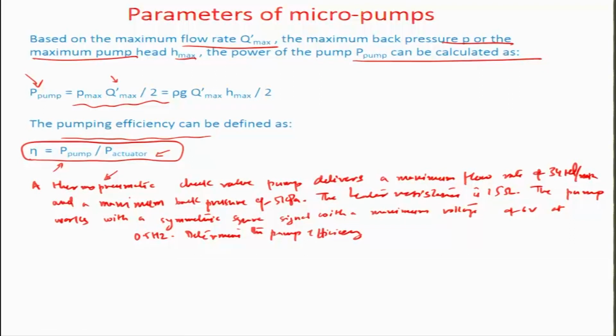So, the power of the pump will be calculated a priori. This is the maximum power that the pump can develop. It is obviously equal to the maximum back pressure against which the pump can flow times the average maximum flow that the pump has, that is Q dot max by 2.